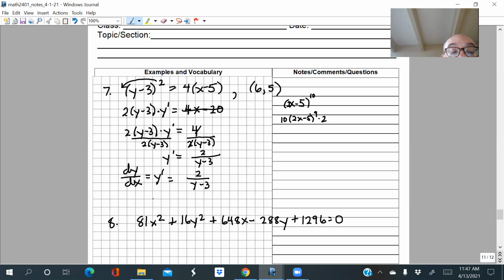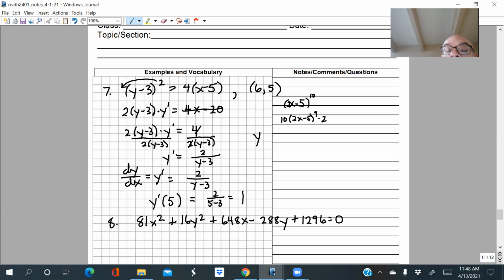So you're just going to evaluate y prime at 5, because x is not in this formula at all. And that turns out to be what? 2 over 5 minus 3, which is just 1. So we get a really nice, pretty derivative at this point. The derivative is 1, and so that means the slope of the tangent line is 1.